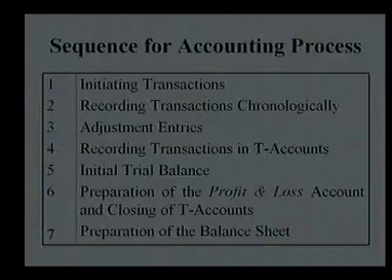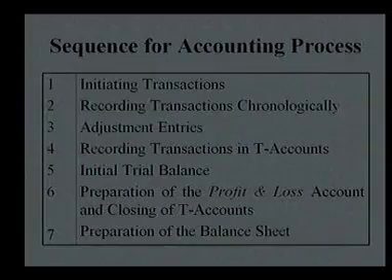The supporting document could be in the form of invoice, could be in the form of a bill, it could be in the form of some written document, it could be email, anything. So, until and unless you have got some supporting document available to you, you don't initiate the transaction. That means you don't take care of that particular transaction.